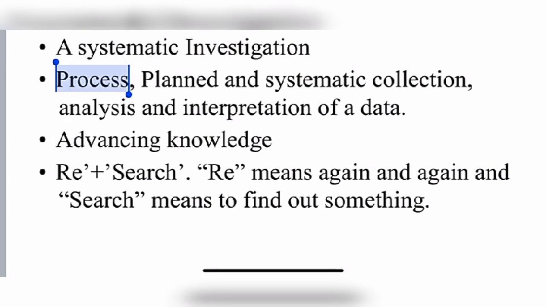Here I try to bifurcate research, and we found two words included in research. First is re and second one is search. Re means again and again. It is very simple, again and again. And search means to find out something.